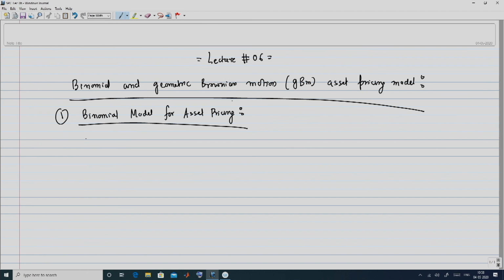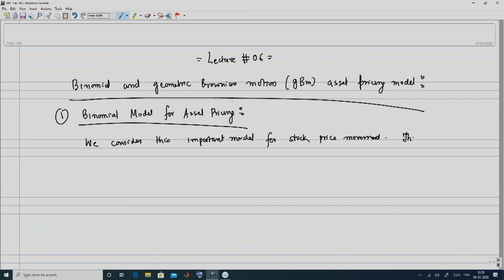So, we consider this important model for modeling the stock price movement.